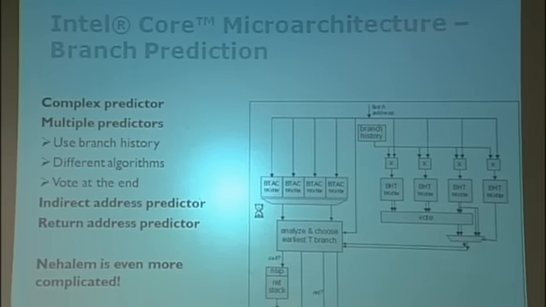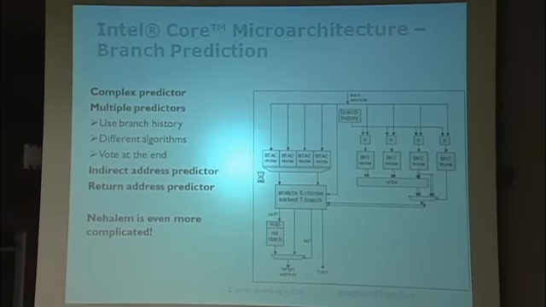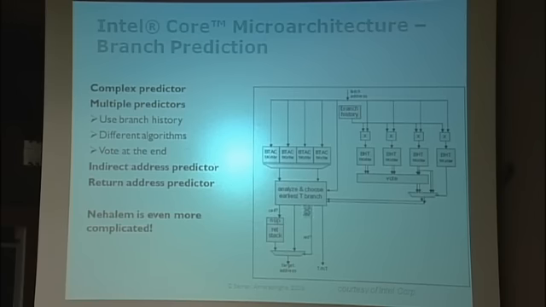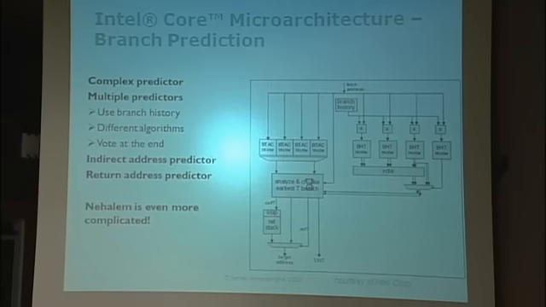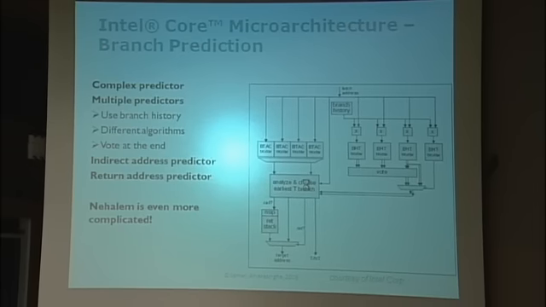Modern predictors are very complicated beasts. They look at things like what happened previously. They look at a thing called the call stack, what went into the call stack, and then when you're returning, you can predict where you might be returning. A lot of different things go in there. In fact, this is the Core microarchitecture that came before Nehalem's predictor.